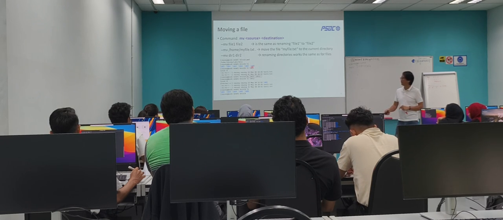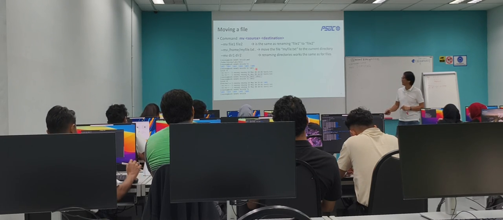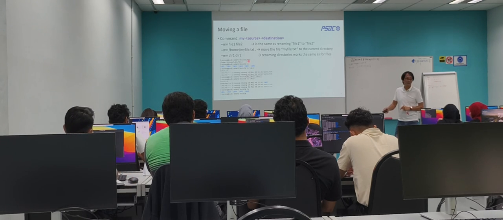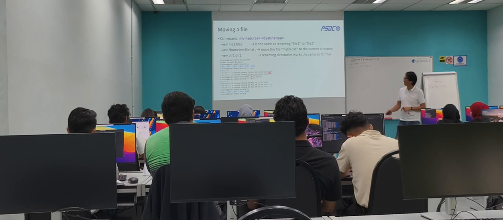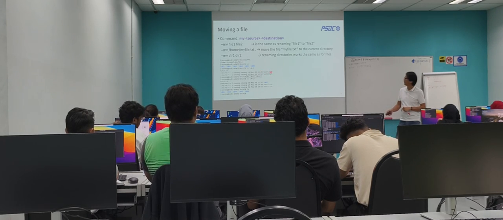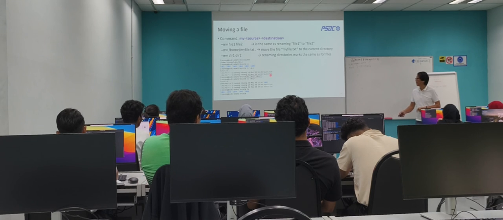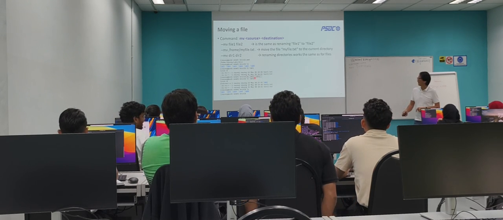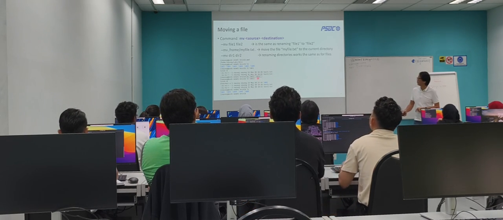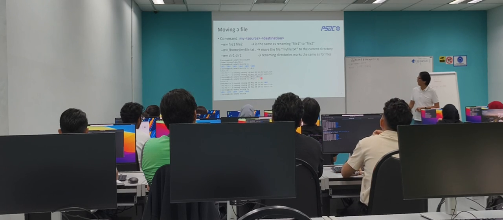I have lab 1, lab 2 here. Let's say I'm in this current directory, which is lab. Then I list the files. I have these 2 files, text 1, text 2. Now I move text 2 to lab 1.